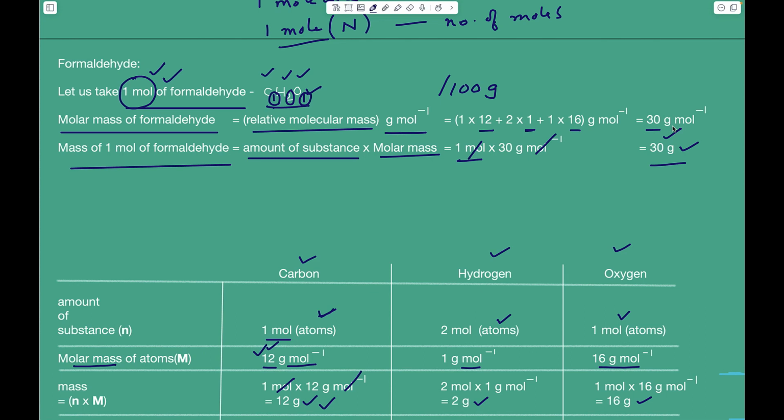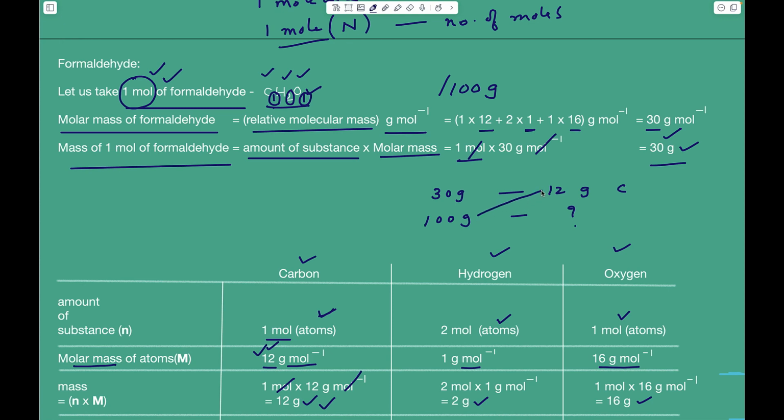But to know the percentage of carbon, you have to find out the mass of carbon present in 100 grams of formaldehyde. So if 30 grams of formaldehyde contains 12 grams of carbon, then 100 grams of formaldehyde contains how much carbon? And you know how to do this math.